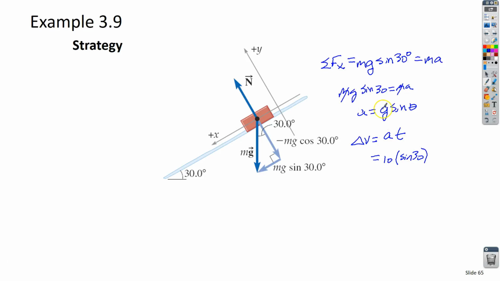So remember, acceleration is g times the sine of the angle, and we're going to multiply that times time, so we're going to multiply this times 0.9 seconds. And when you get done, you will get something close to about 4.4 meters per second. And that's how fast this thing is moving as it's sliding down the roof.